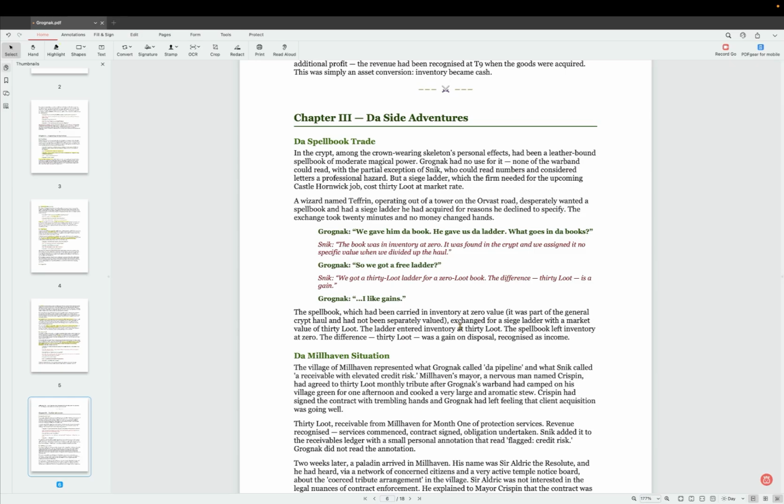Now I identify the next transaction before recording the accounting entry again. During the crypt job, the firm obtained a spell book that was recognized in inventory with a value of 0.